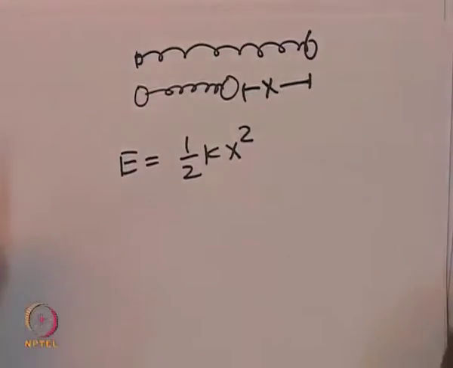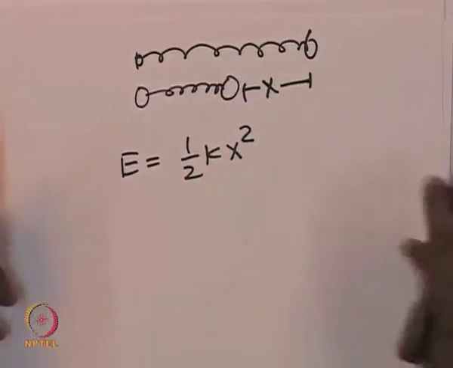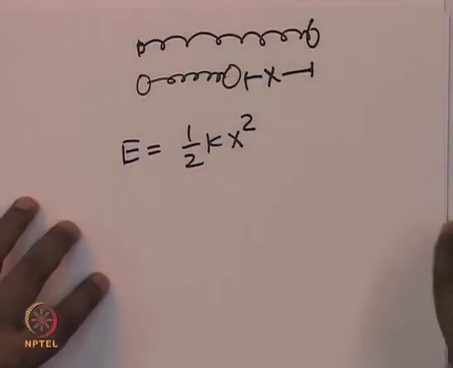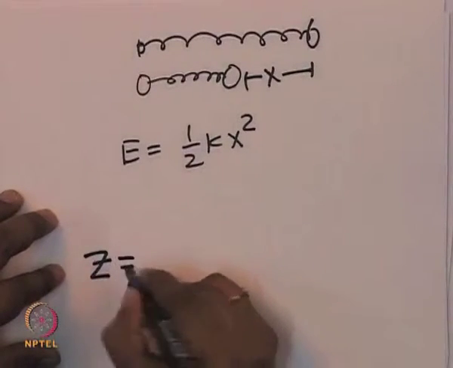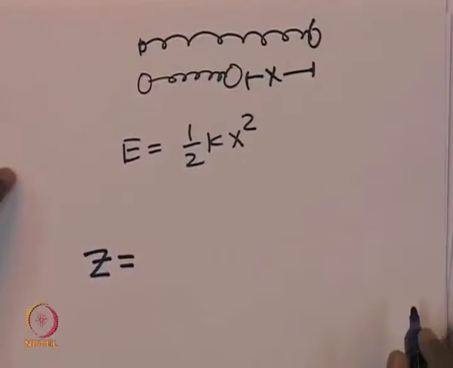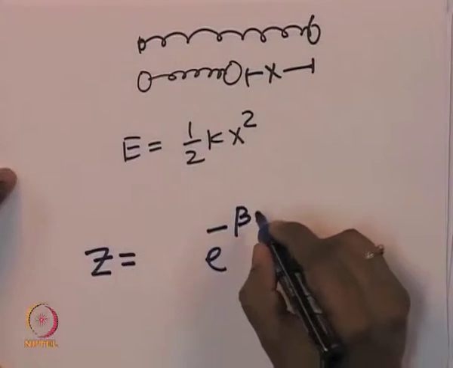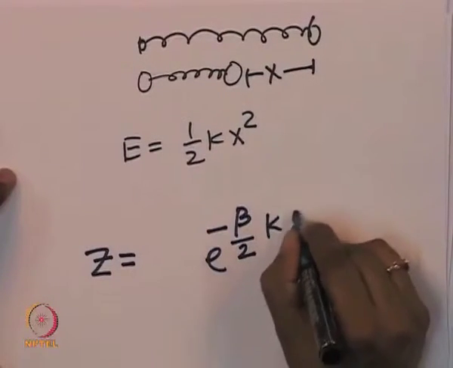If you compress the spring by an amount x, this energy is half k x square. So, now what will be the partition function? The partition function Z will be e power minus beta, which is 1 over k_B T, times half k x square.